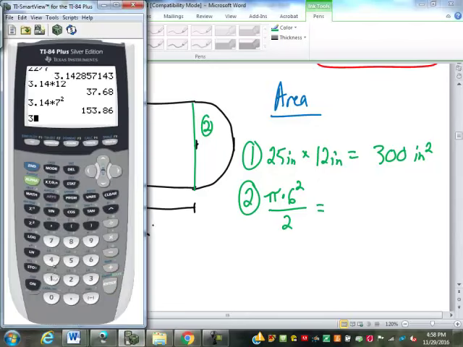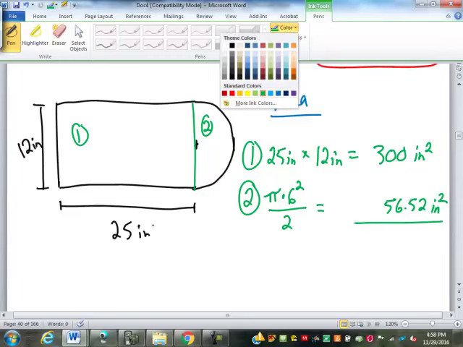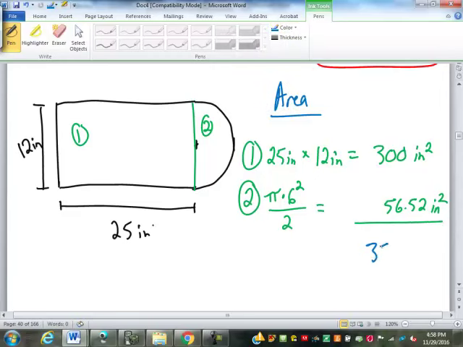So 3.14 is what we'll use for pi, times 6 squared divided by 2, 56.52 square inches. That adds up to give us 356.52 square inches as our total area.